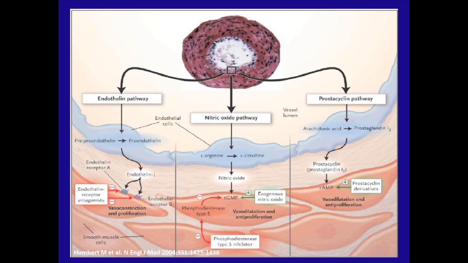And then the prostacyclin pathway is targeted with our infusion therapies or the inhaled therapies. These are drugs like treprostinil, epoprostenol, or iloprost. So we try to dilate the blood vessels with these drugs and block endothelin to prevent vasoconstriction.